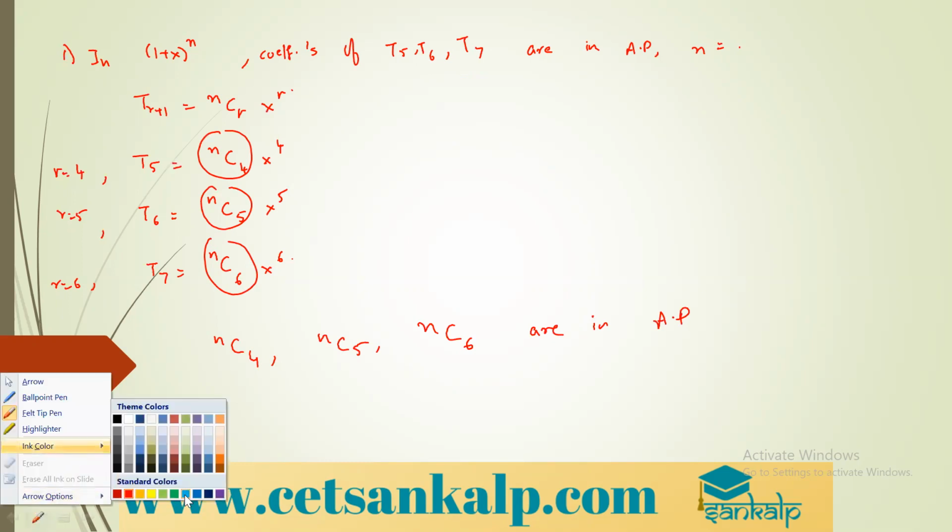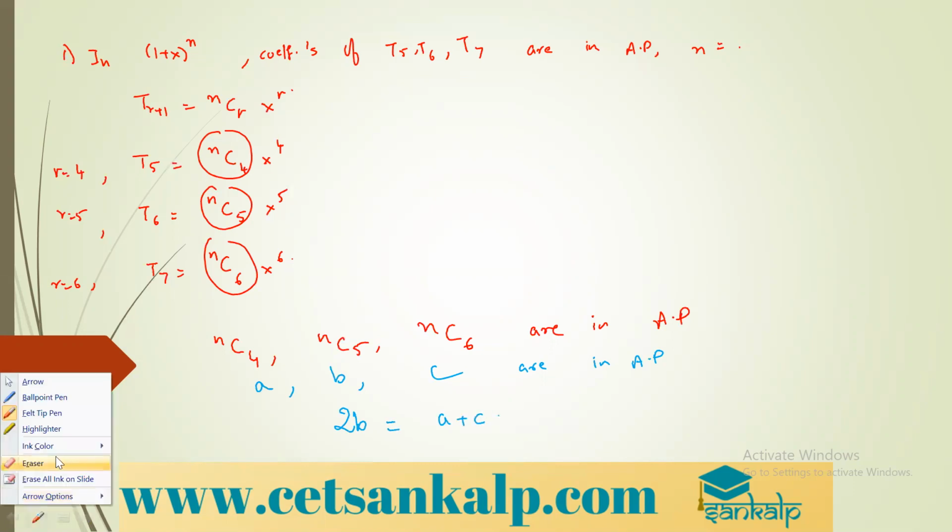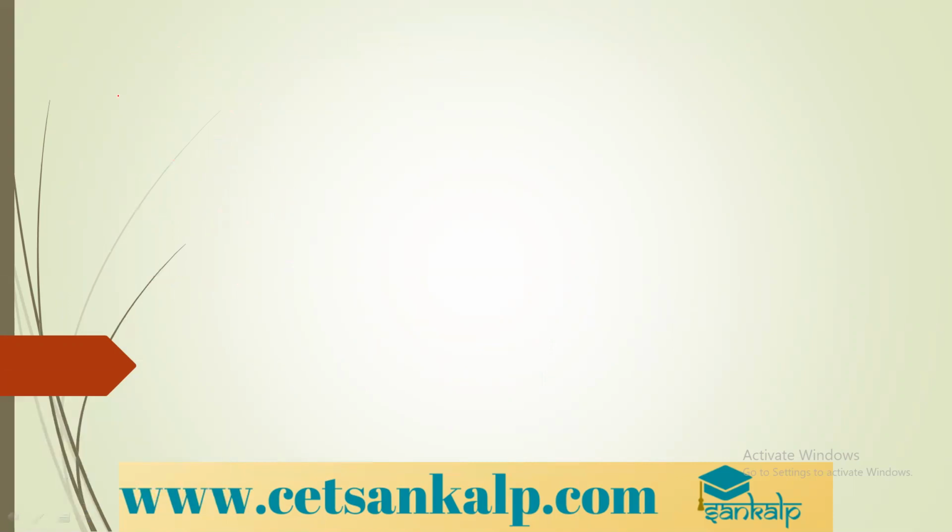We have a formula: if A, B, C are in arithmetic progression, then 2B will be equal to A plus C. So using that formula, I can write 2 times nC5 equal to nC4 plus nC6.